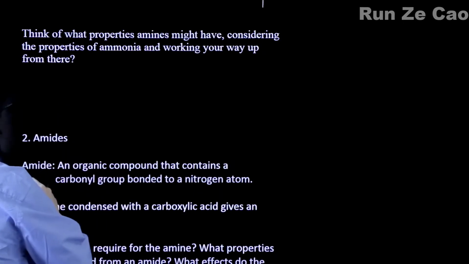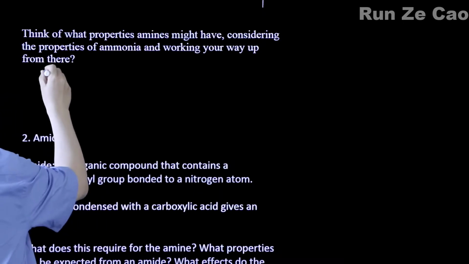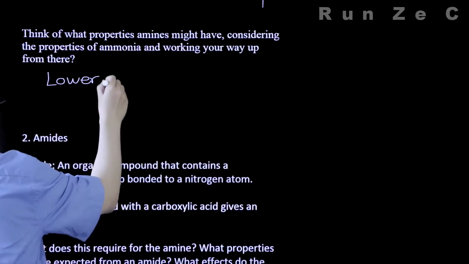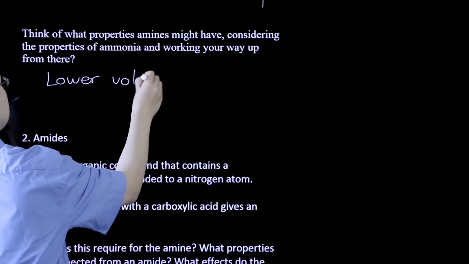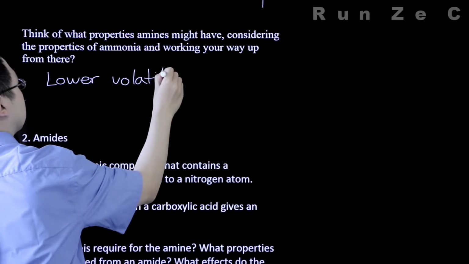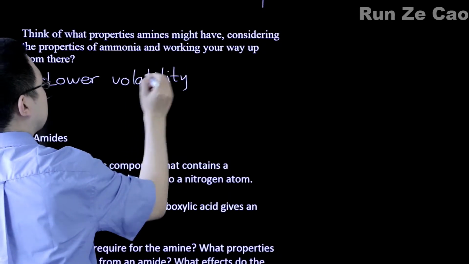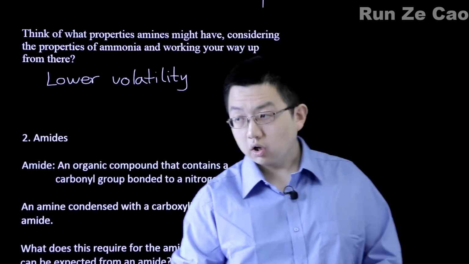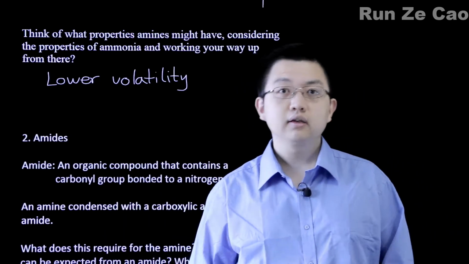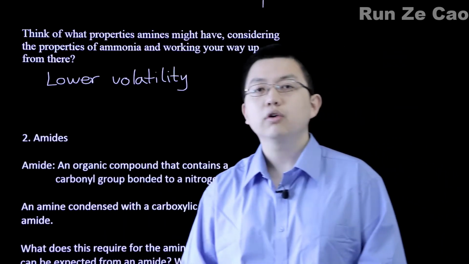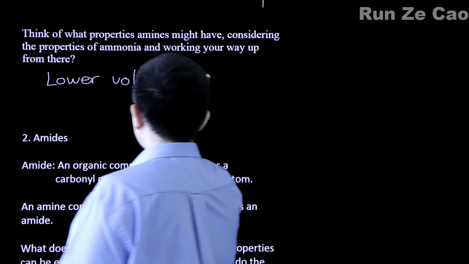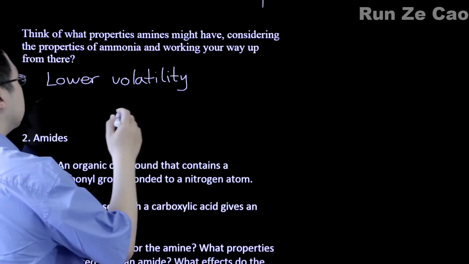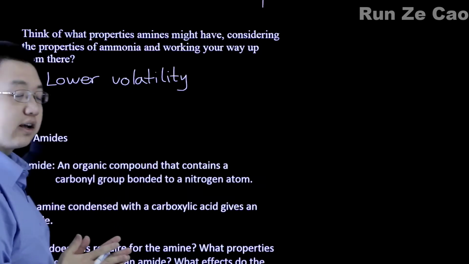Well, amines have lower, what? Lower volatility than expected. So in other words, lower volatility means higher melting point and boiling point. You will sometimes see this term used instead of higher boiling point. This is just to make sure that you can recognize it.